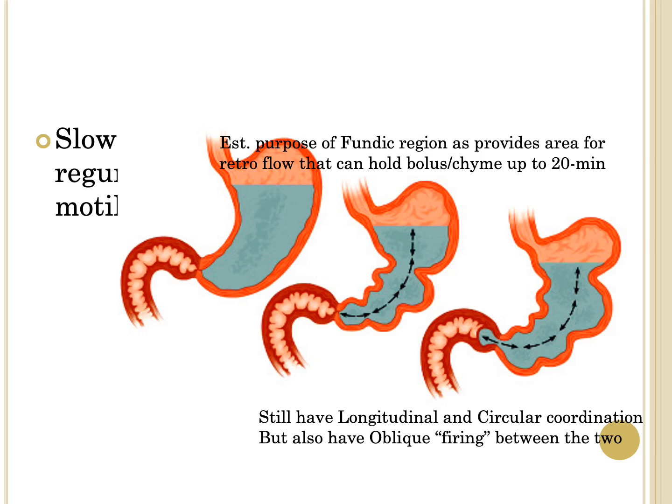As material starts to be digested down, its density starts to change relative to the surrounding materials, and what happens is it slowly starts getting propelled towards the pyloric region of the stomach and then eventually out through the pyloric canal and the pyloric sphincter.